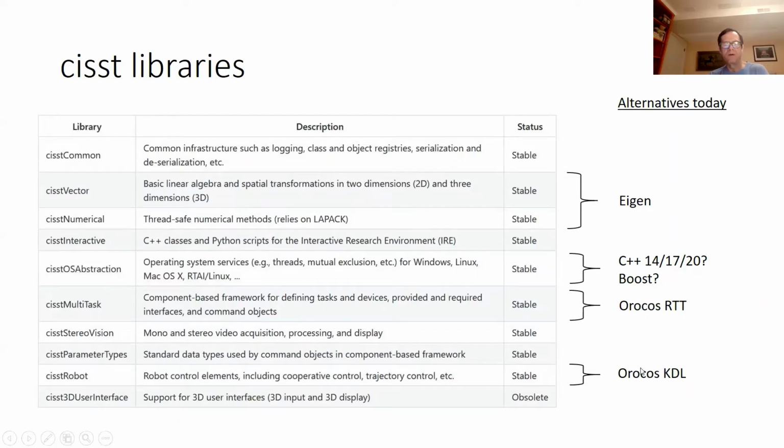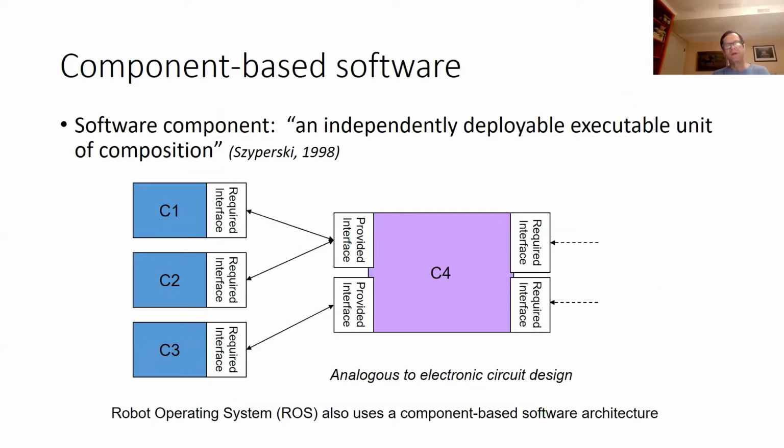There's also Orocos, this open robot control software developed in Europe that's relatively popular as well. Anyway, this is a summary, and this came straight off of the wiki page for cisst. So the documentation is also available there. So I'm going to explain now what we mean by component-based software.